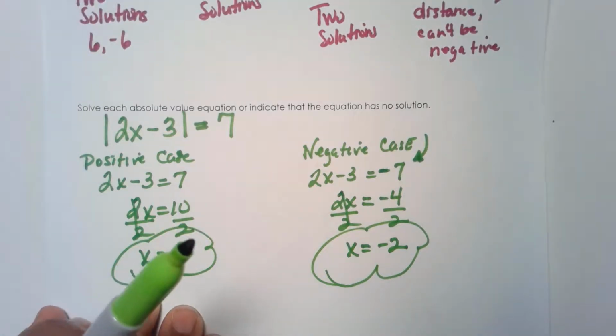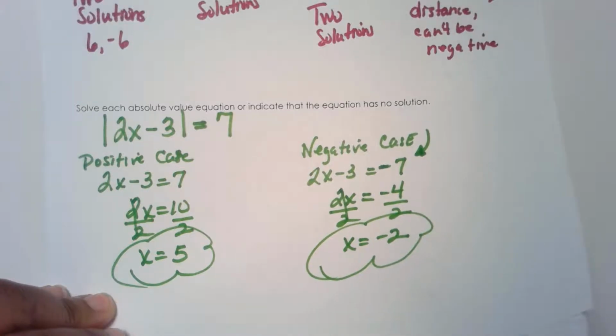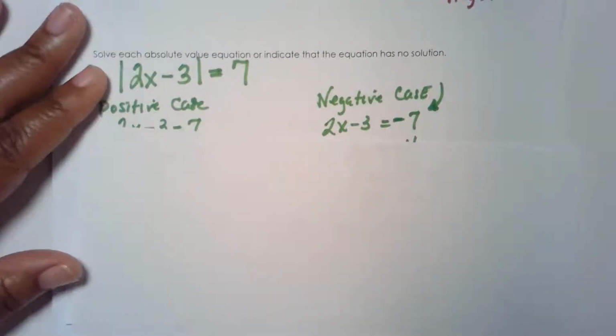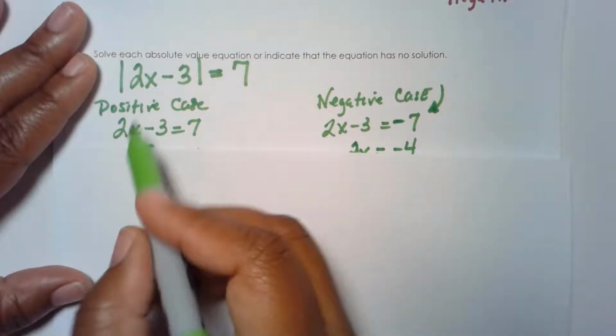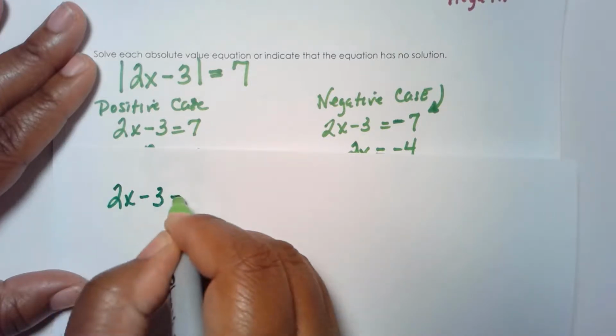So, for example, we have the positive case. Really, you're just writing the equation as is.